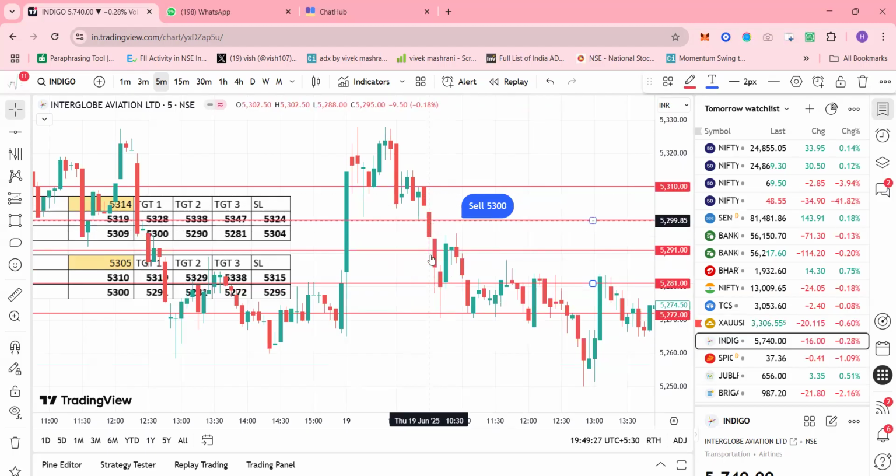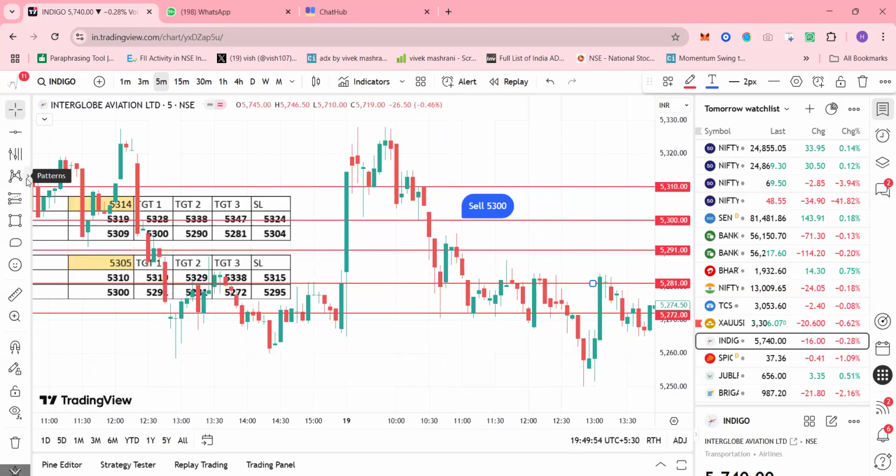You can see this candle. With this candle only you can make out that the operators had an intention to push it down. First target hit. It went directly to the second and third target here. Within how much time? From 10:30 triggered. This is a 5 minutes candle, remember. It has not stopped. Straight away to the third target.